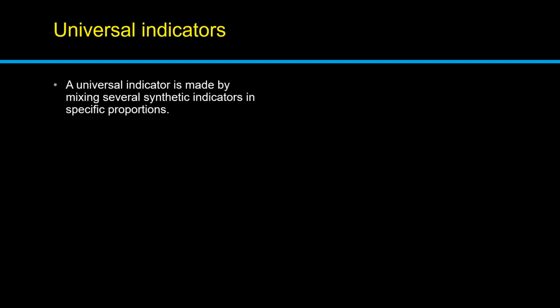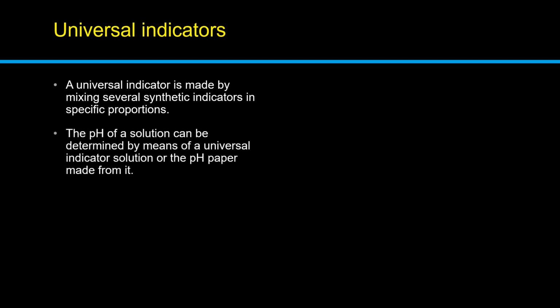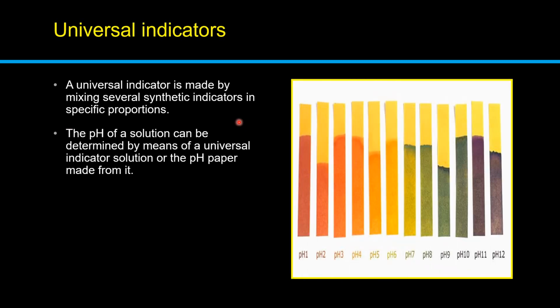This universal indicator is made by mixing several synthetic indicators in specific proportion. The pH of a solution can be determined by means of universal indicator solution or pH paper, both. This is the color of the pH paper, and you can see according to the pH how the color of the paper has changed.